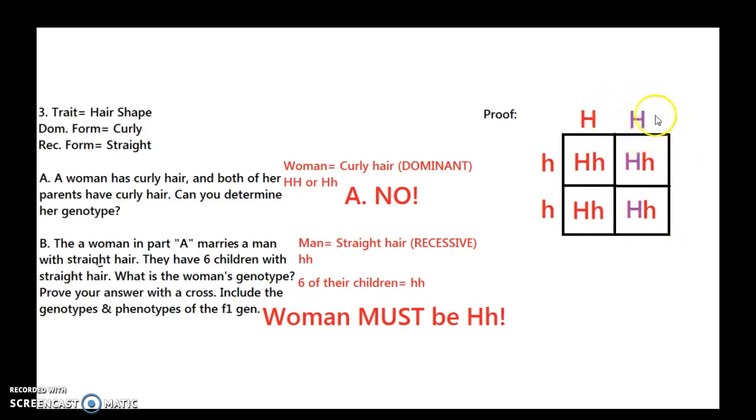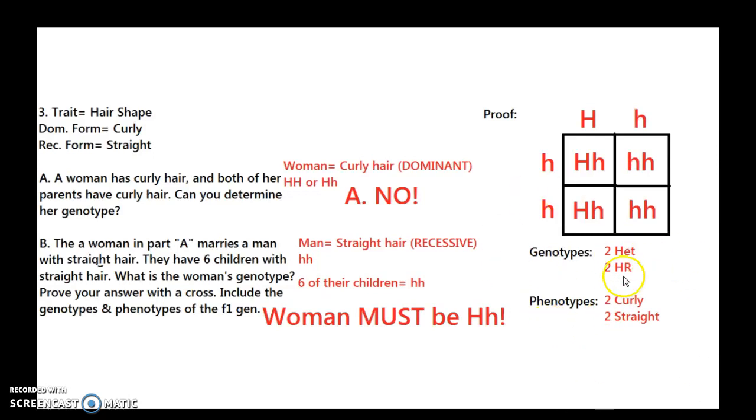Because if she was, and we changed this lowercase h to a capital H like you see in purple, and we brought that down into our boxes, you'll see that none of the offspring here have a chance of being homozygous recessive. They all would be heterozygous, where that capital H would mask or hide the lowercase h. So it wouldn't work for mom to be homozygous dominant. So she has to be heterozygous.